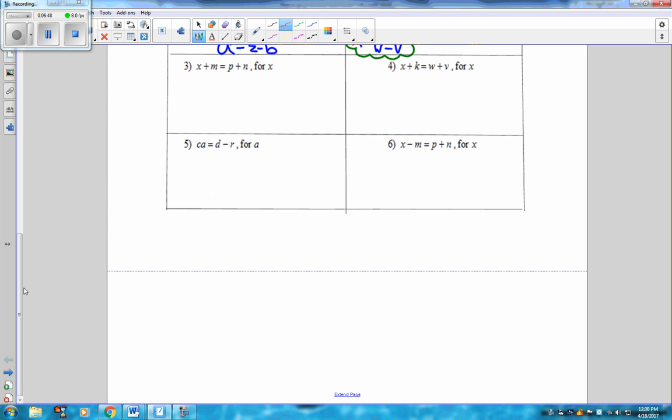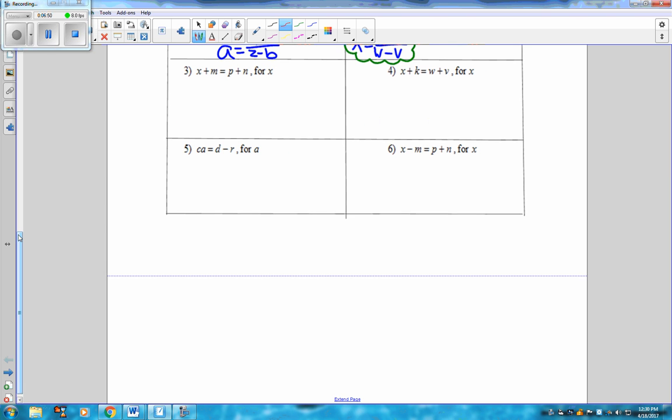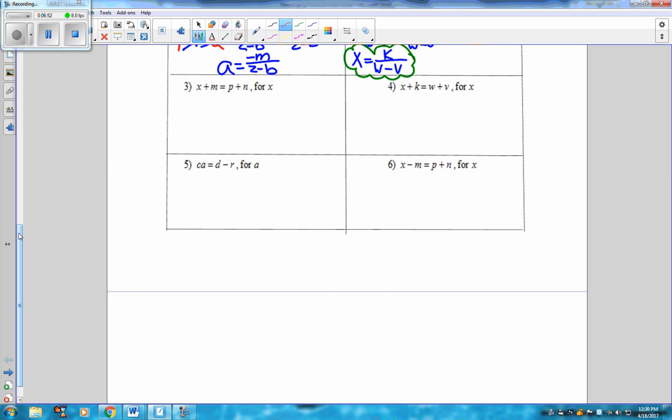My next problem asks for us to solve for x again. Now, x is right here, so I have to move m to the other side. To move m to the other side, I'm going to subtract m from both sides. So that I get x equals p plus n minus m.